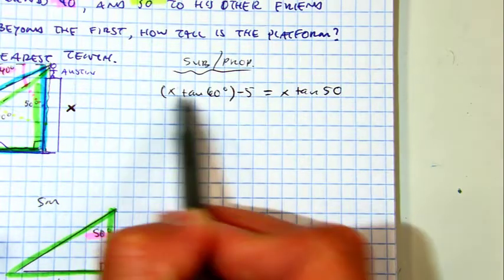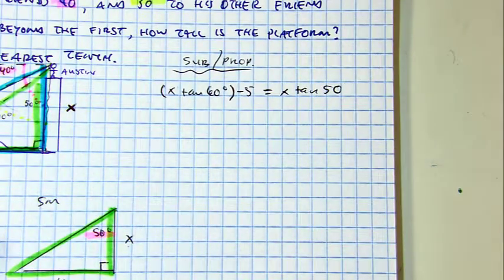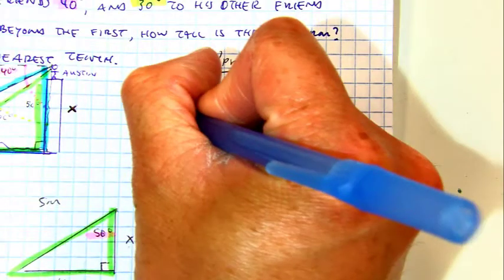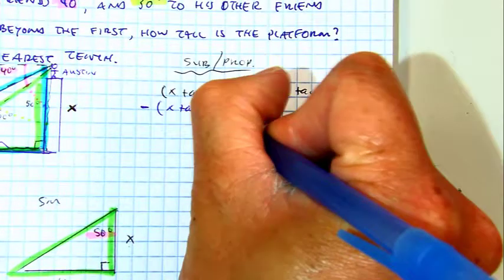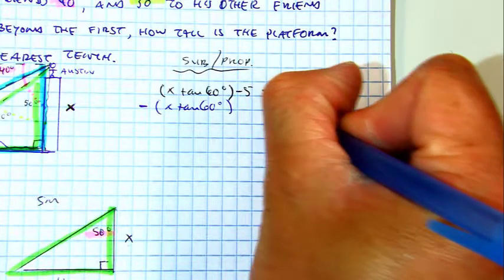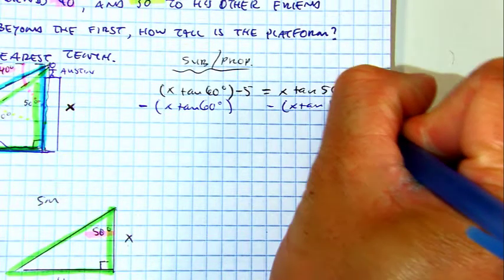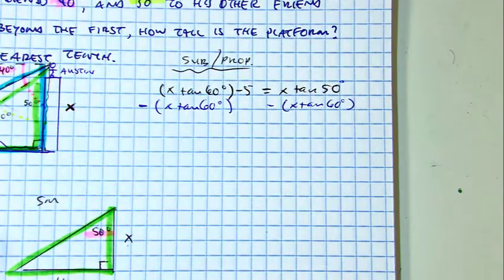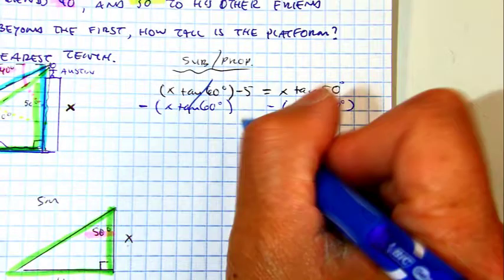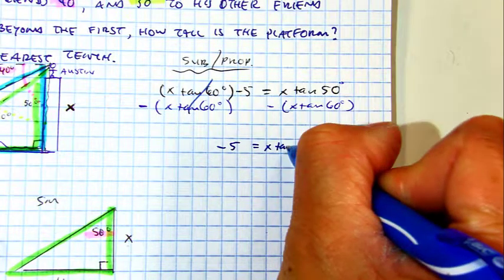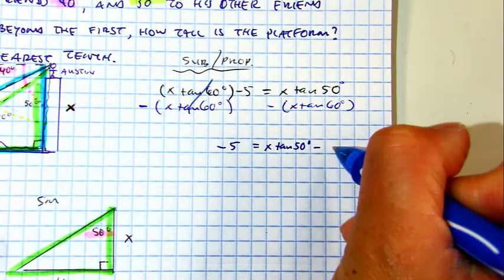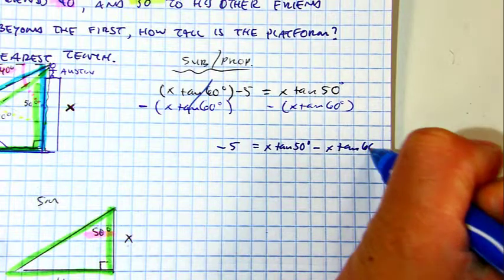So to get my x's together, so that I can take out the greatest common factor, I'm just going to subtract this whole thing over. This is positive, and then the opposite is a negative. This is going to get me negative 5 equals x tangent 50 degrees minus x tangent of 60 degrees.